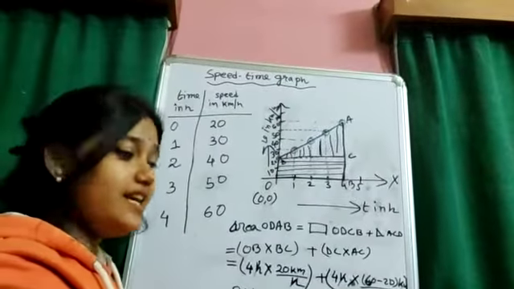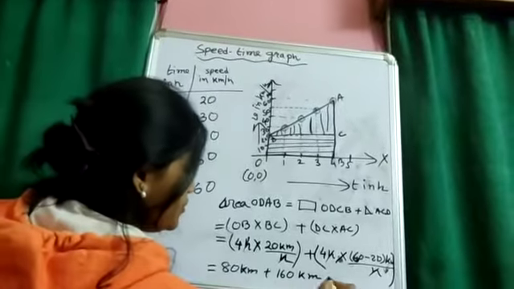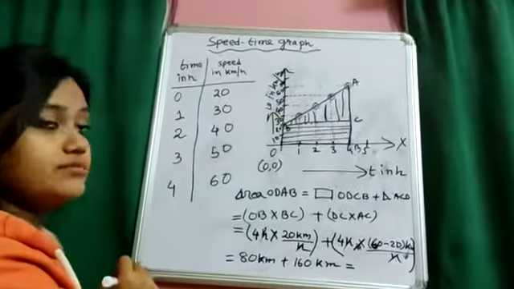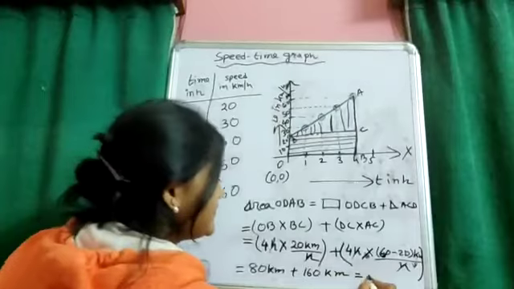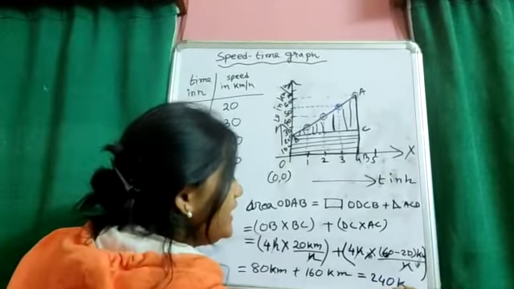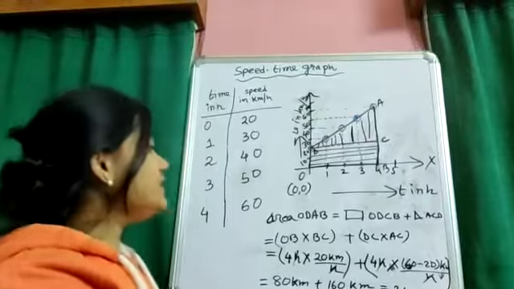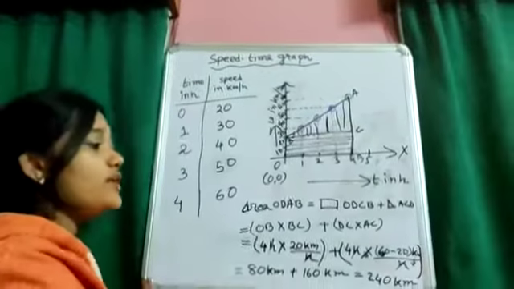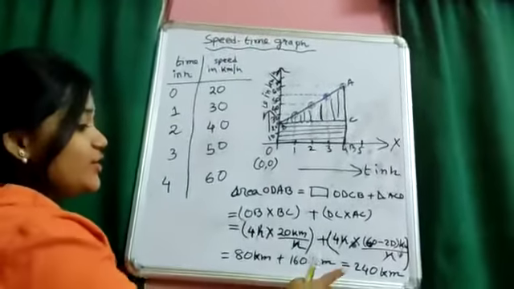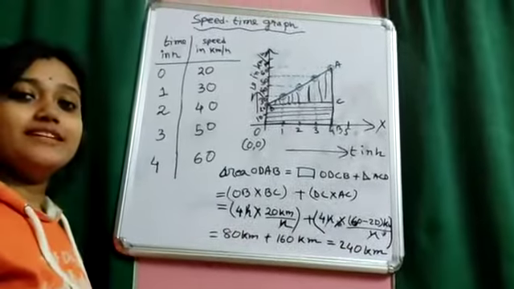So total is 240 kilometer. The distance covered in these 4 hours is 240 kilometer.